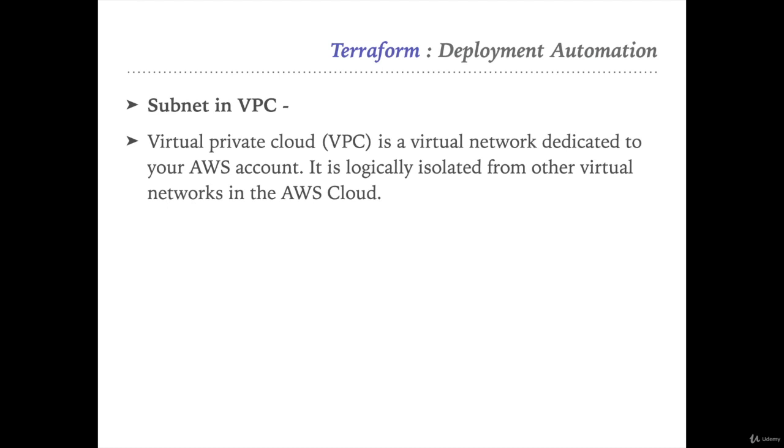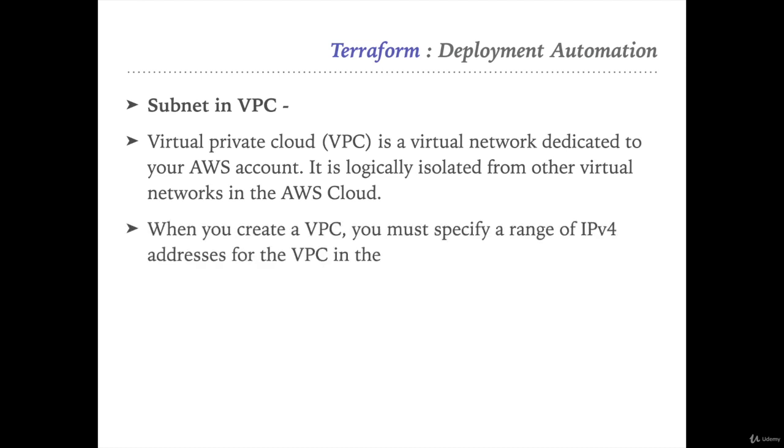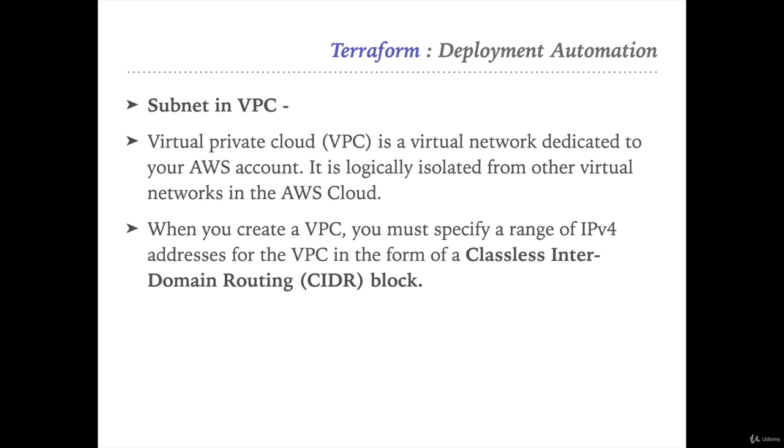The VPC which you define in your account is your VPC network, and for all the machines using that particular VPC, you have full control of the network. When you create the VPC, you must specify the range of IPv4 addresses for the VPC in the form of Classless Inter-Domain Routing, which is called a CIDR block.